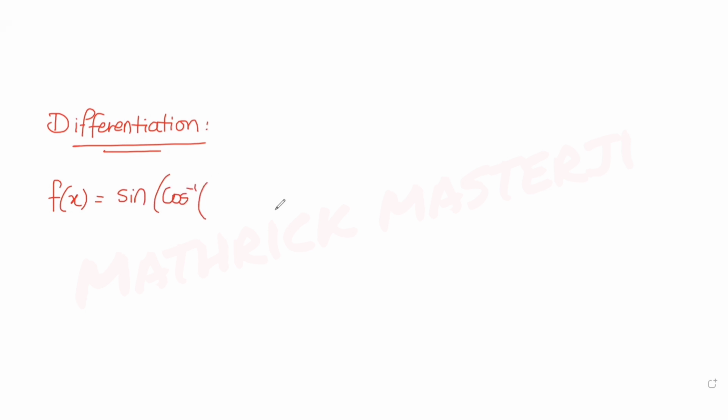Let's see today's question. Today's question we are taking up from the topic of differentiation. The question tells us f of x is sine of cos inverse of (1 minus 2 raised to 2x) upon (1 plus 2 raised to 2x).